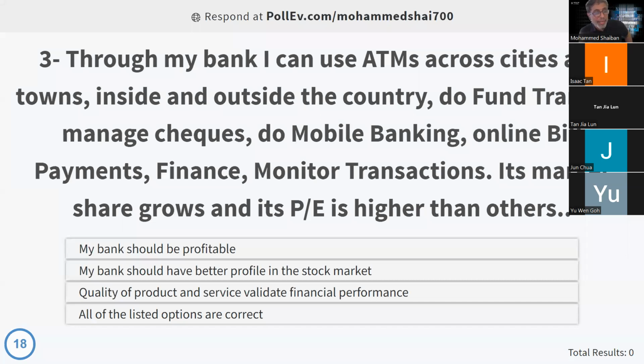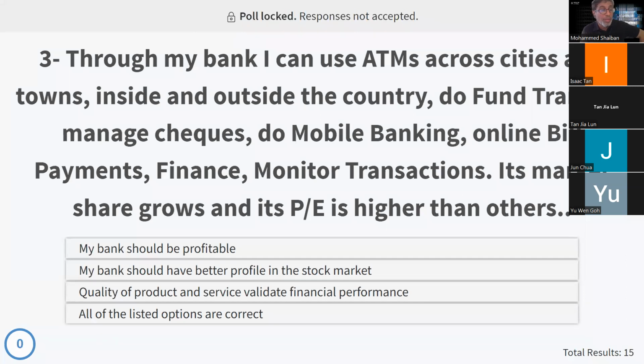It's your bank, the bank that you are working with. It has all these services. It has everything. And I want to conclude whether its market and its market share is going. Is there now a convergence between quantitative and qualitative? My bank should be profitable. My bank should have better profile in the stock market. Or maybe all of the above.